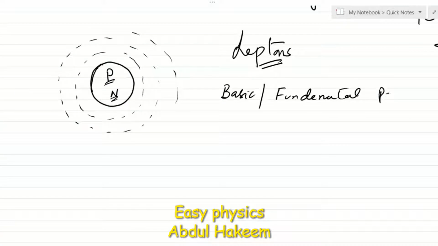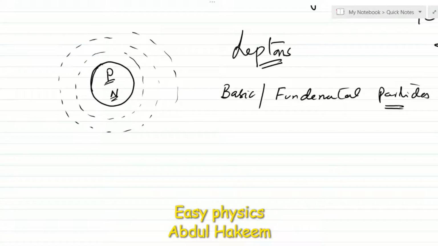I mean, they have no further division. Protons and neutrons are not fundamental particles because they have division. They are made up of quarks, but the leptons are considered basic particles because their division is not possible. And the famous leptons: number one is the electron.